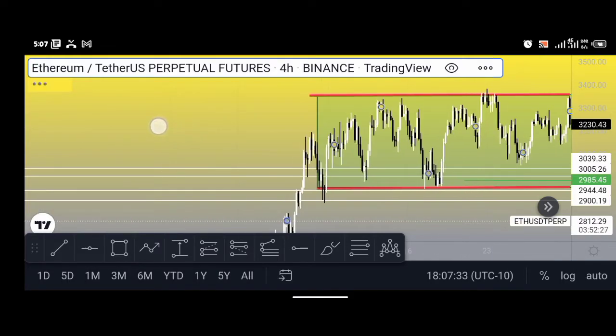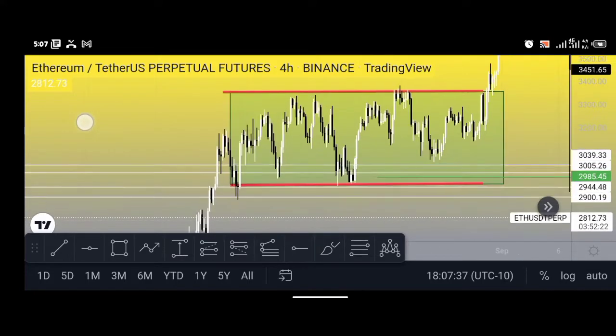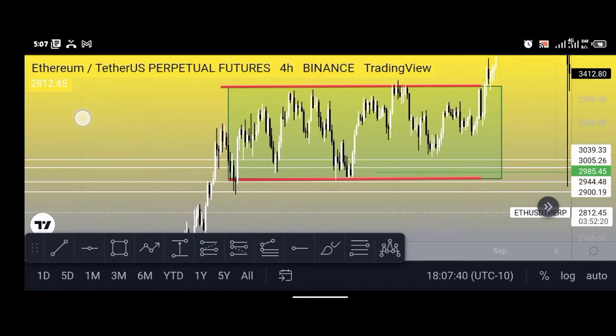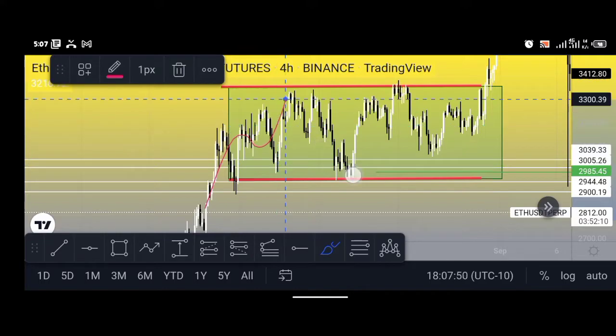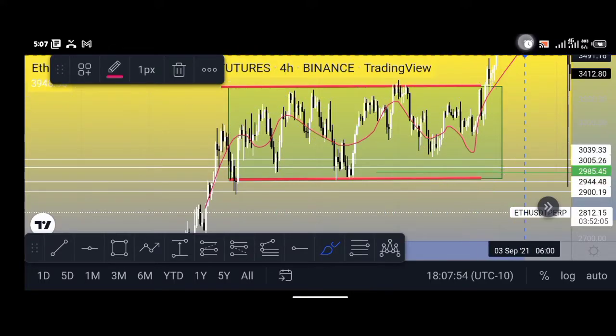In this condition, this is what we call a bullish range, because it starts from the downtrend, ranges, breaks out the resistance level and keeps on moving up.